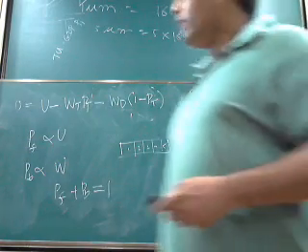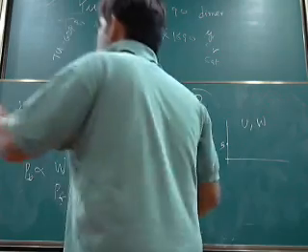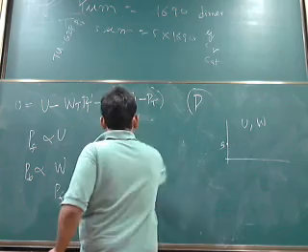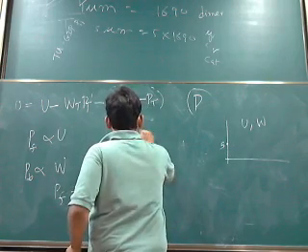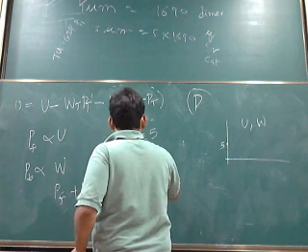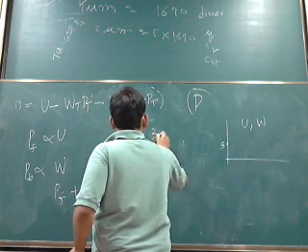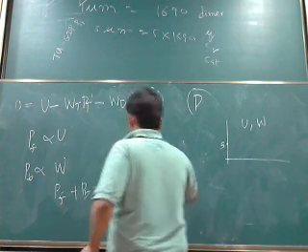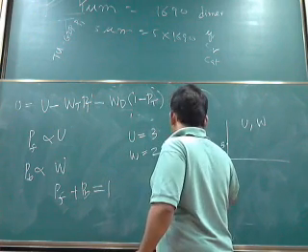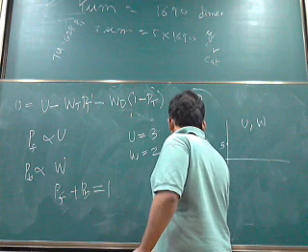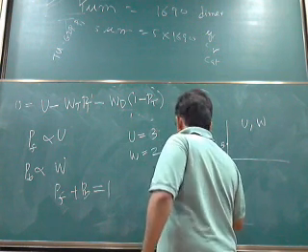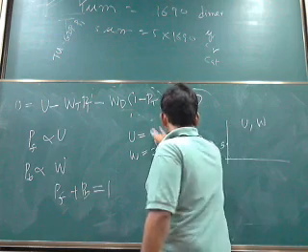Now you know the probability. Let's take, for example, U as 4 and W as 1.